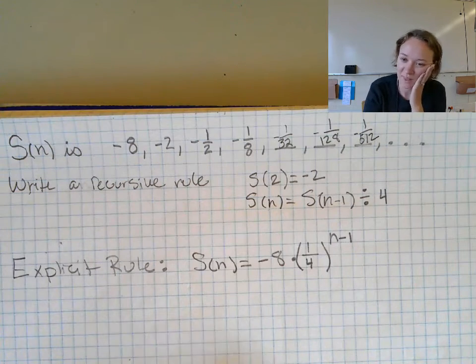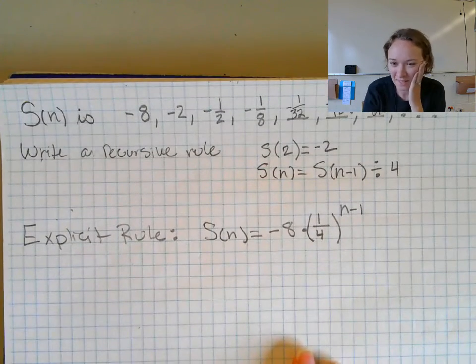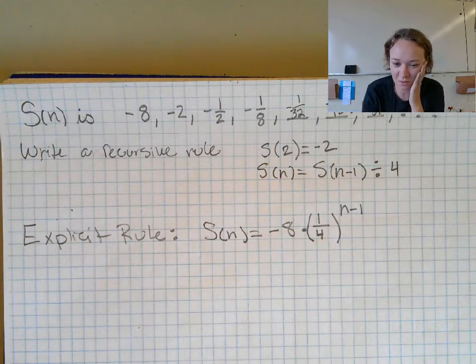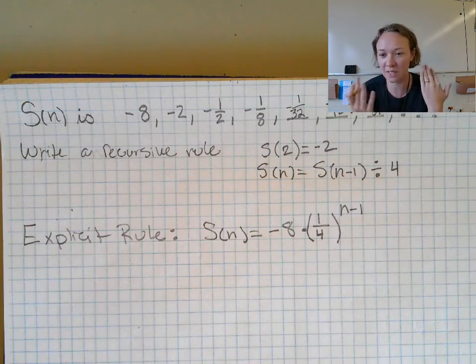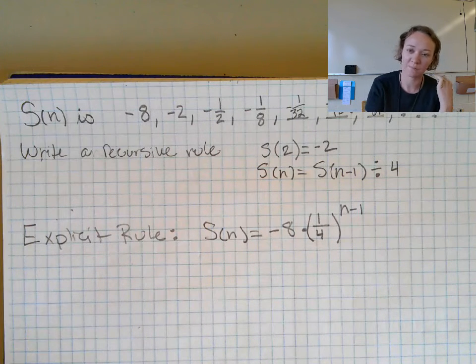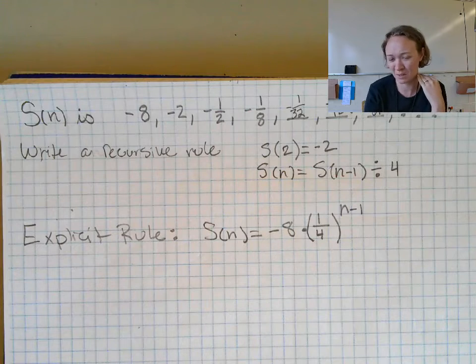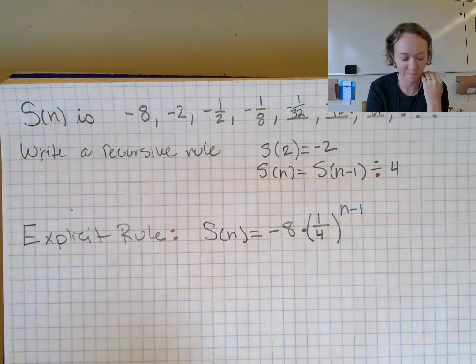All right, now explicit rules. This is something that we haven't really talked about, so I'm giving you this rule so that you've seen it, you're exposed to it, but I'm not going to be really expecting you to do a whole lot more with them.